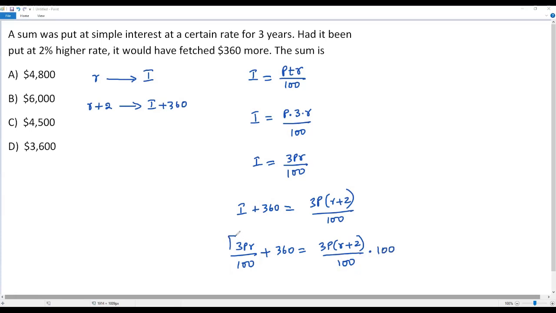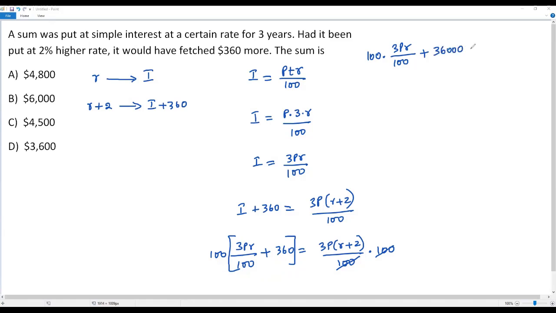So times 100, let me multiply the stuff on the left side by 100. Here this 100 and 100 will cancel out. Now we can distribute this 100 to this one and this one. When I distribute this 100 to 3PR divided by 100, the 100s cancel out, and when I distribute this 100 to this 360, I am getting 36,000.